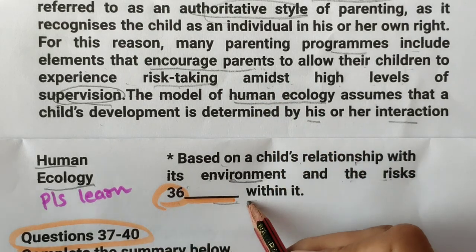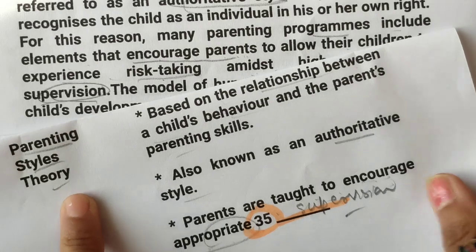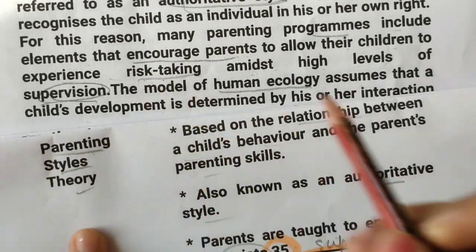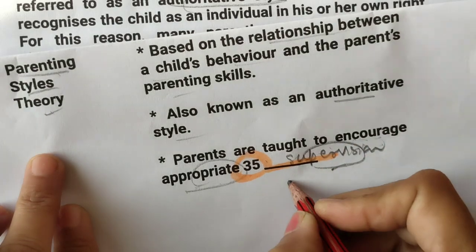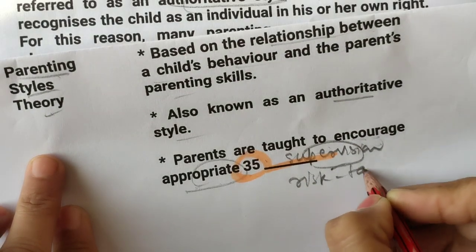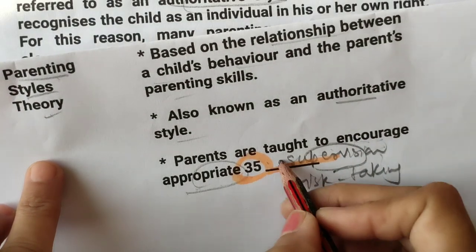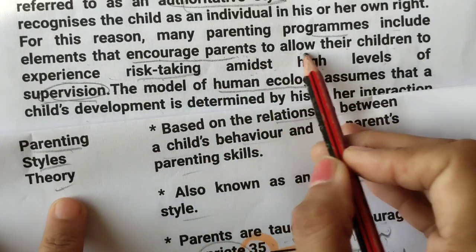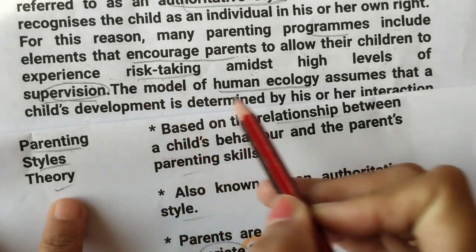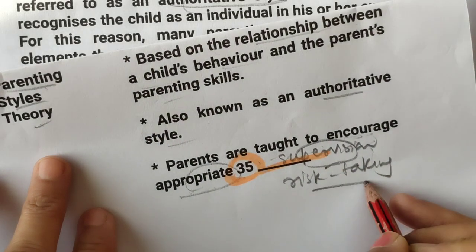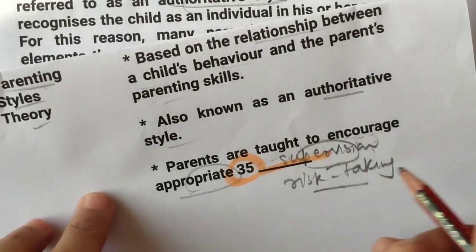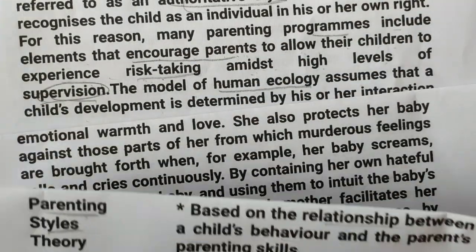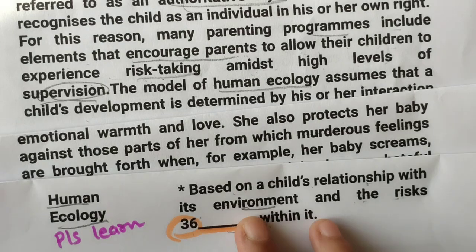When we were talking about parenting styles theory, now I understood that the answer is not supervision, it is risk taking, because parents are taught to encourage appropriate risk taking experience with their children. So we were looking for this 36 number.